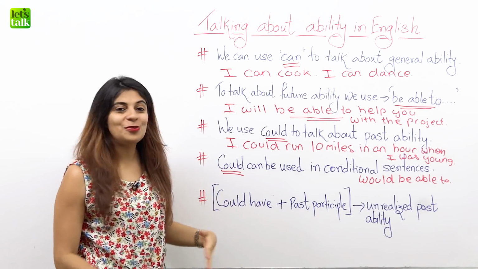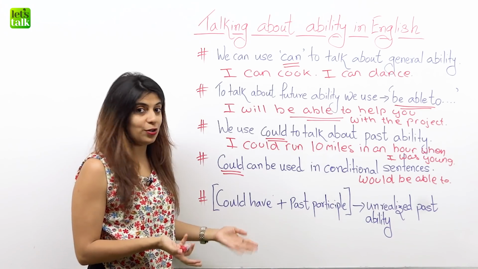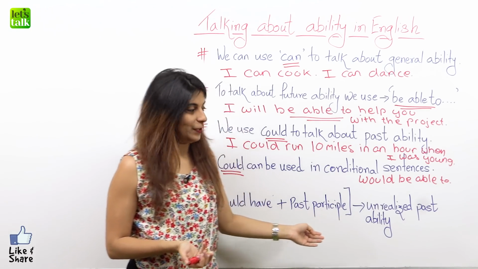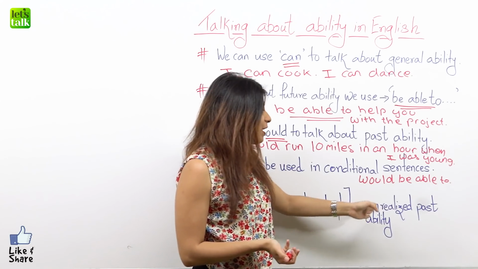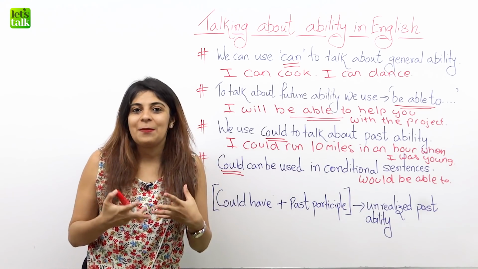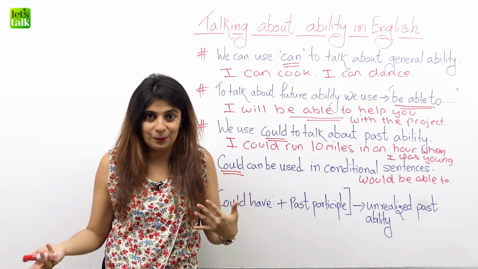And then the last rule that I have for you is that you use the structure could have followed by the past participle when you talk about unrealized past ability. So maybe something that was possible but it didn't happen, okay?